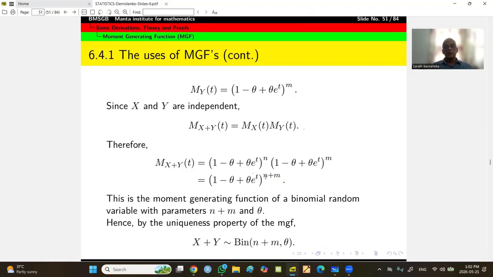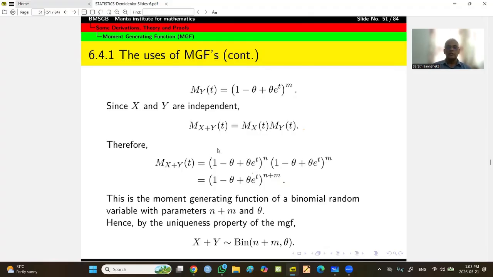Now, what you have to do is look at this as a function of t. See whether this has the form of some moment generating function which is known. Actually, we can see that this thing itself has this form.